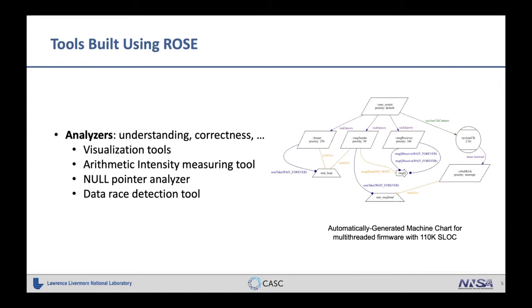Let's say we have visualization tools, and if you are familiar with the roofline model in HPC, we have a tool to calculate the arithmetic intensity. That's a main metric you use to calculate roofline models. We also have a set of analyzing tools which can detect or find all kinds of issues in your applications.